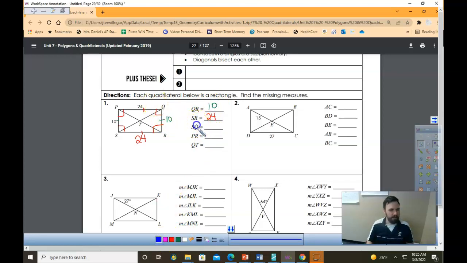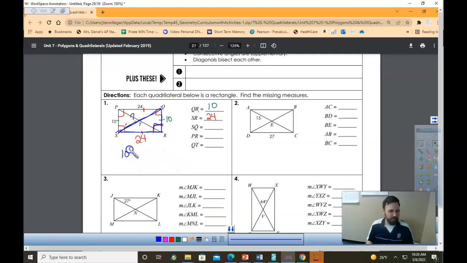Now let's find SQ. Look at SQ. They don't tell me anything about that. But what kind of triangle is this right here? It's a right triangle. So in order to find this missing side, SQ, I'm going to use the Pythagorean theorem.